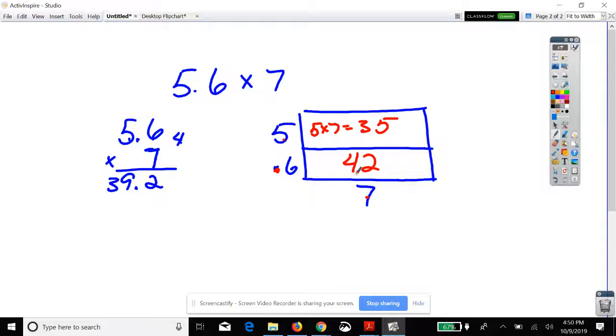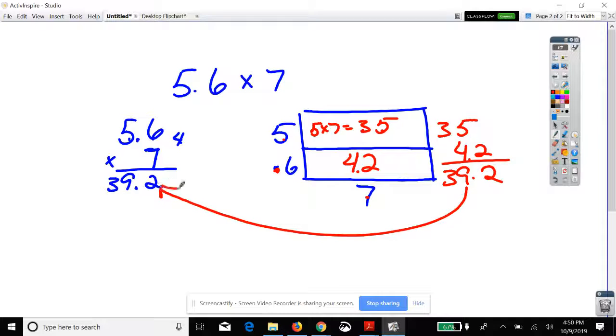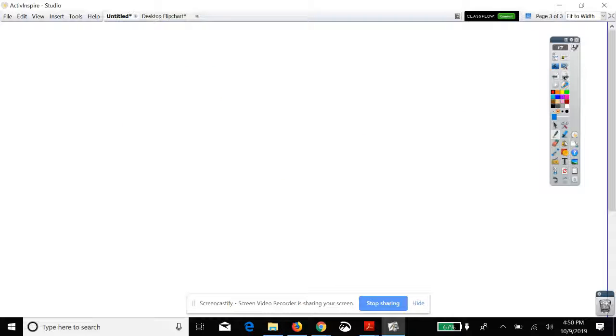So now I have 35 plus 4.2, which is 39.2. We got the same answer. So it works anyway. And I didn't really show you decimals in class because honestly, most people understand the normal way and do it just fine. But it works for just about everything.